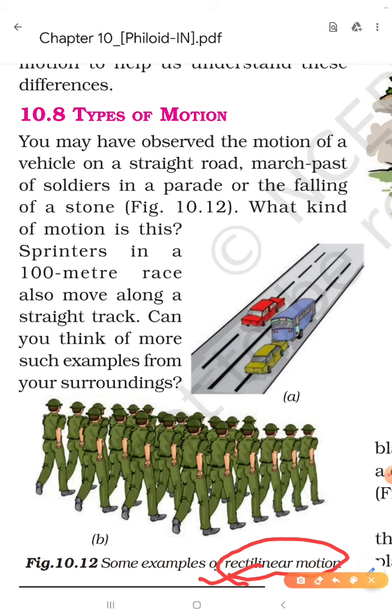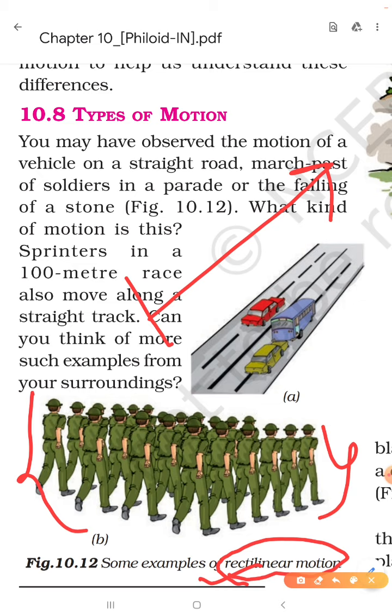When a body moves in a straight path, such motion is called rectilinear motion. As you can see in this diagram, the army persons are moving in a straight line. So such type of motion is called rectilinear motion.